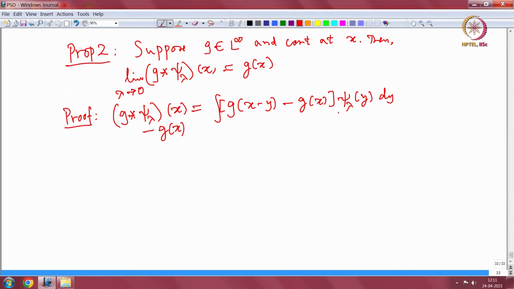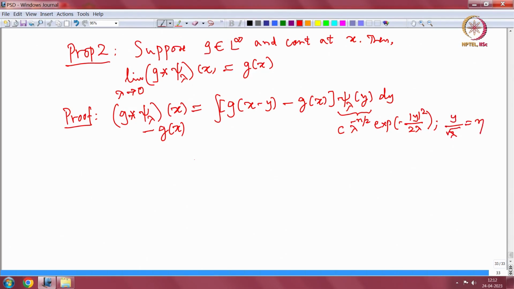Just recall, this is some constant, lambda to the minus n by 2, exponential minus mod y square by 2 lambda. Now you just make a change of variable. So, y by root lambda you keep eta.